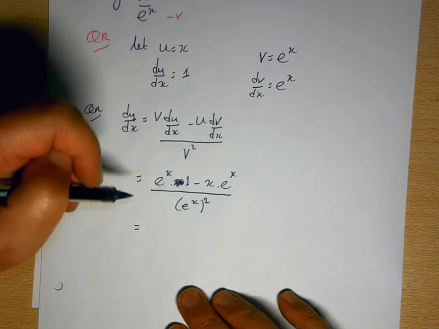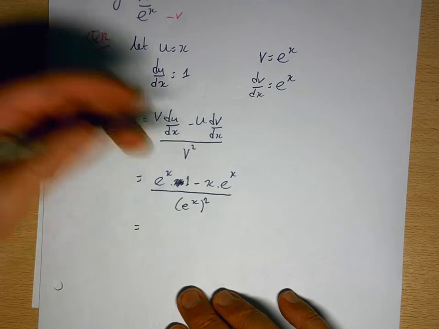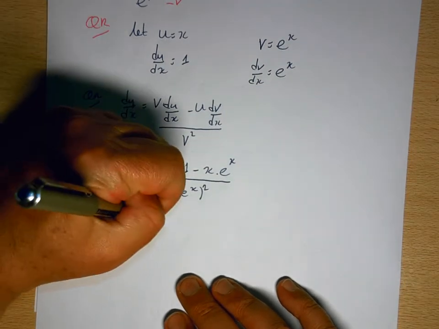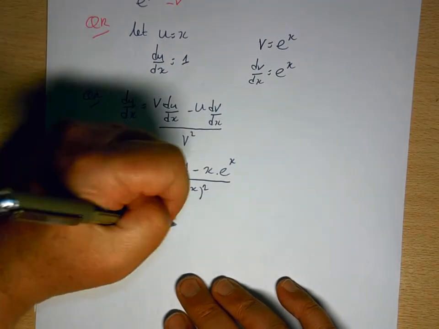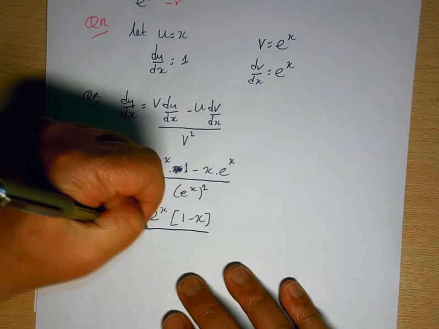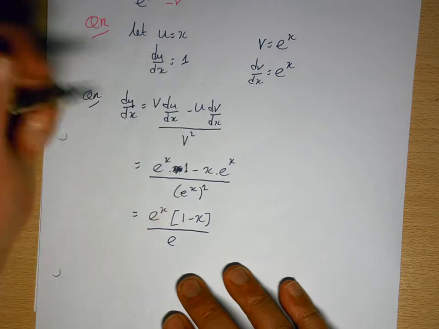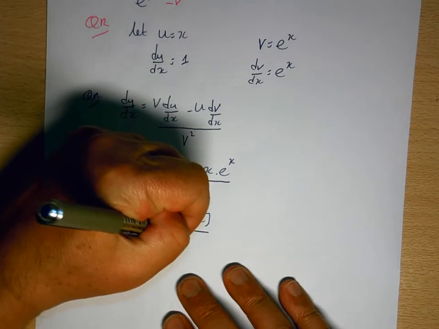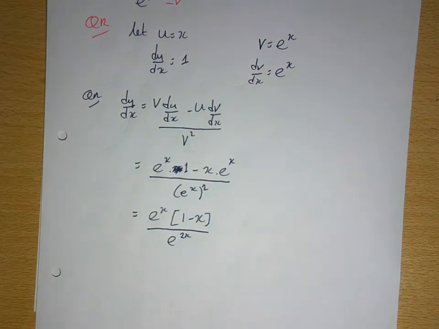So with that one, I can take e to the x out as a common factor on top, 1 minus x, and underneath there I'm going to raise a power to a power, so you multiply them, so you get e to the 2x.